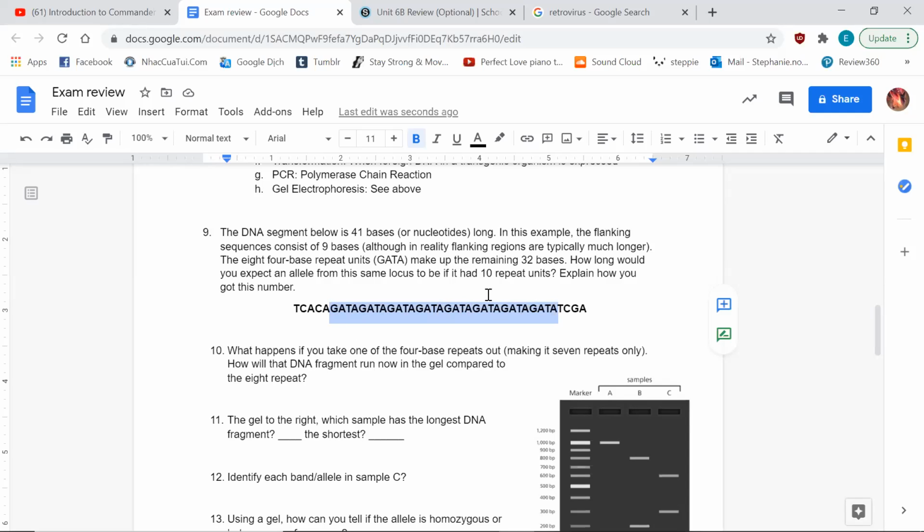It's asking if instead of 8, we had 10, how long do you expect this to be? Each unit is worth 4. If I have 8 units already and I want 10, I'm adding 2 units. If each unit is worth 4, I'm adding 8 bases. So instead of 41 bases, it's going to be 49. Does that make sense?